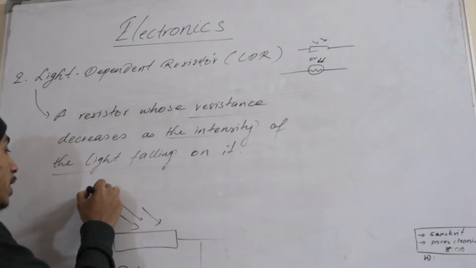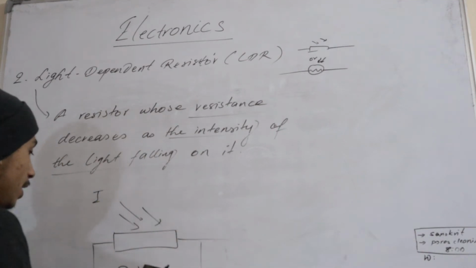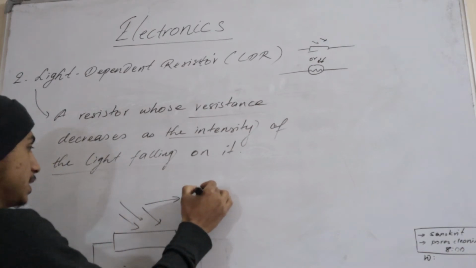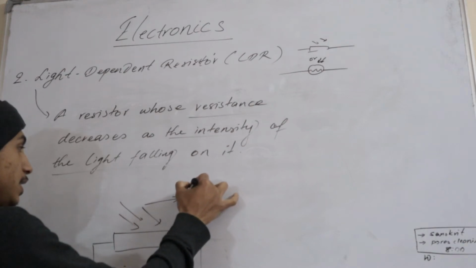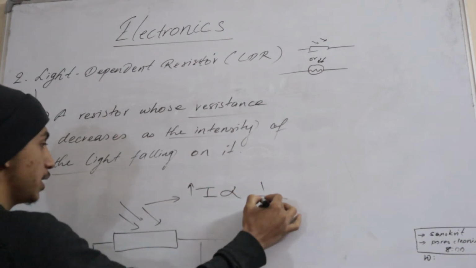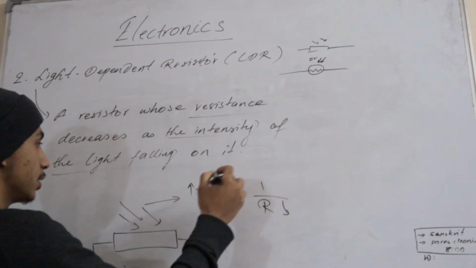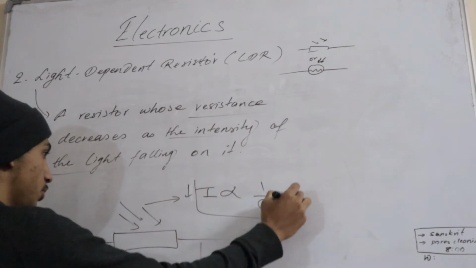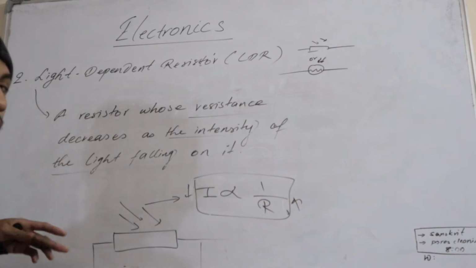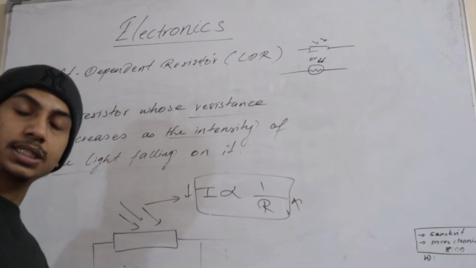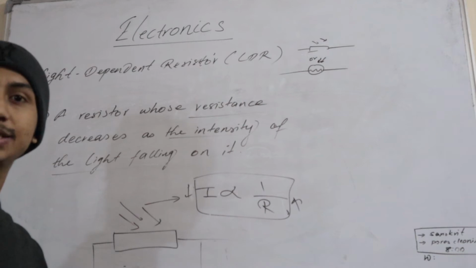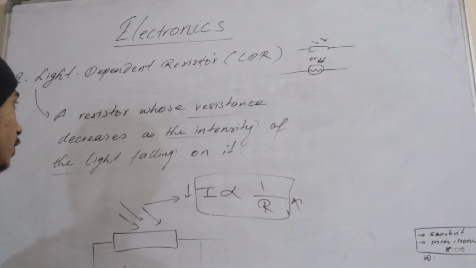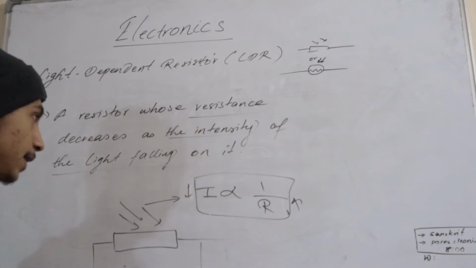Let's make one relation. When the intensity increases, the resistance decreases. When the intensity decreases, the resistance increases. This is the relation of LDR. When the intensity of light increases, the resistance of the resistor decreases. So it has an inverse relation with the intensity of light.